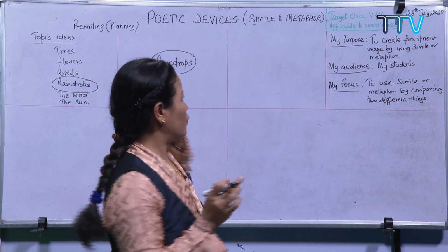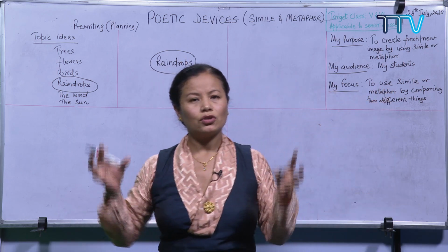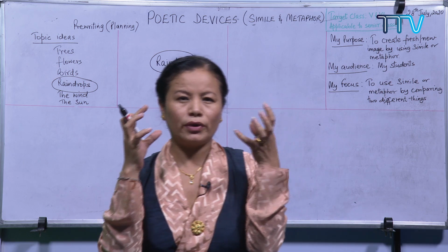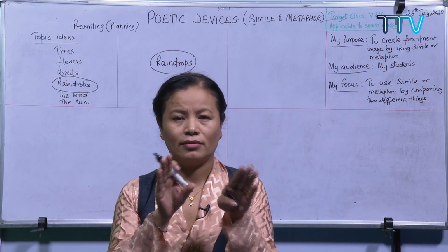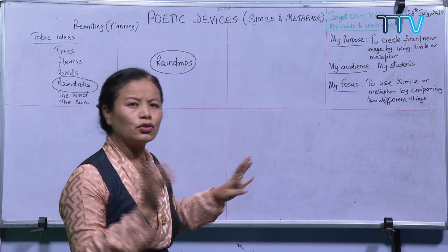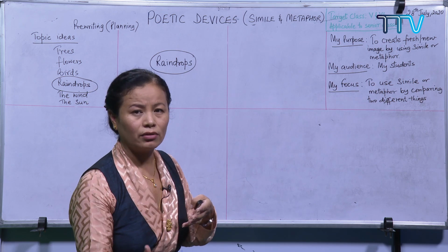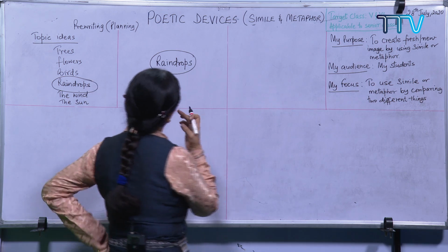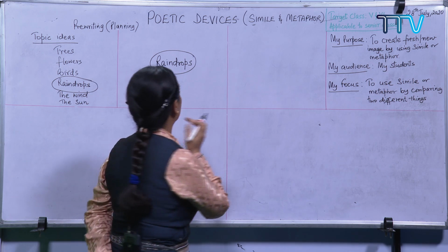Since my focus is using simile or metaphor, you need to keep reminding yourself that you are going to compare. Since your topic idea is raindrops, you are going to compare raindrops to something. So what are the things that I can compare raindrops with?